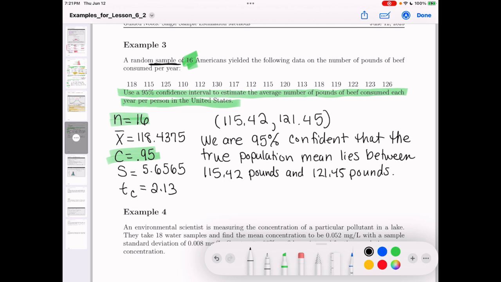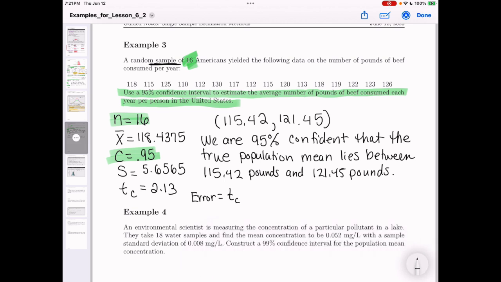Okay, now for the sake of practicing, let's try to calculate our error. So the error for a t-interval is t critical times the sample standard deviation divided by the square root of the sample size. We said our t critical is 2.13.